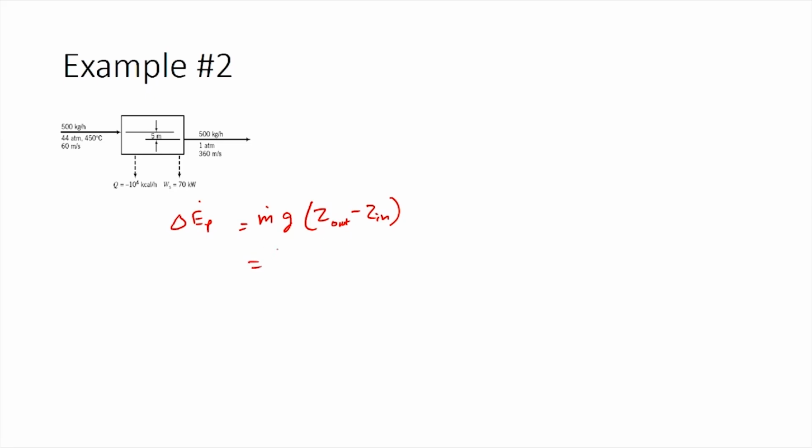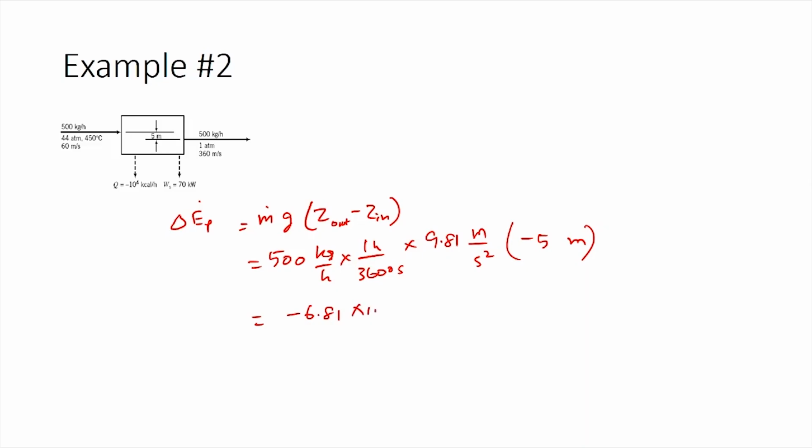So, this would become 500 kilograms per hour times 1 hour in 3600 seconds times 9.81 meters per second squared times minus 5 meters. This gives you a value of minus 6.81 times 10^-3 kilowatts.